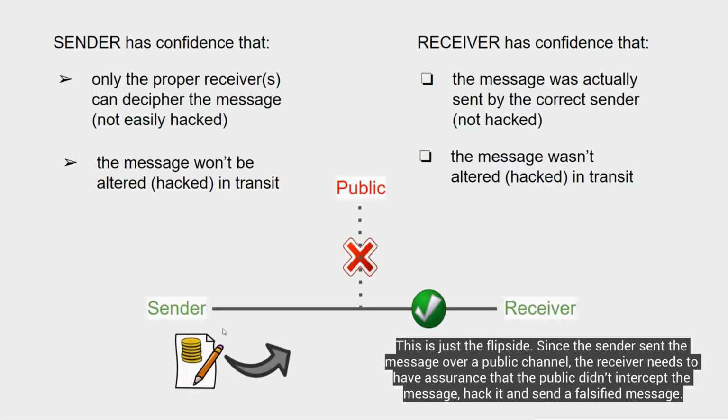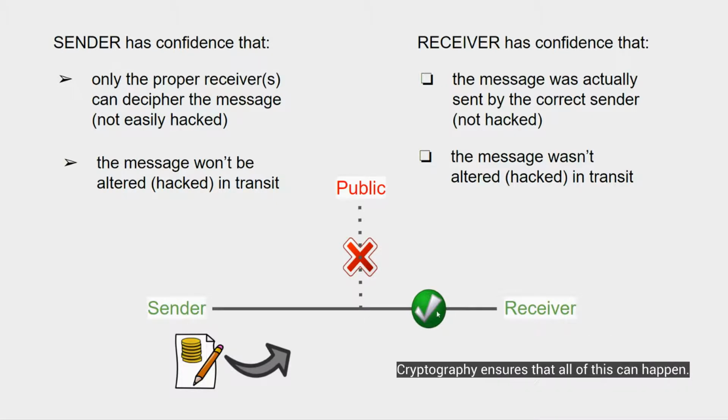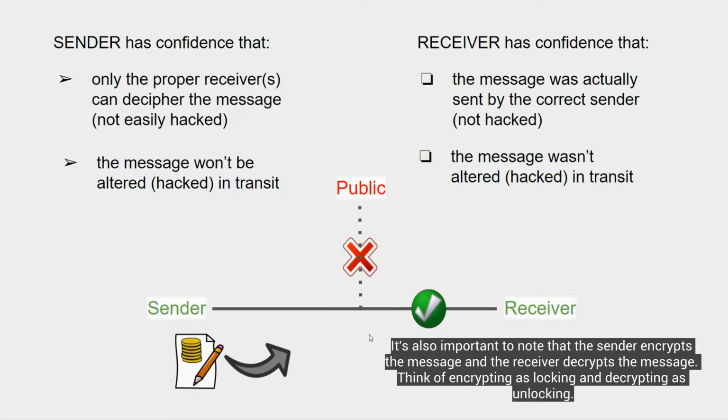Since the sender sent a message over a public channel, the receiver needs to have insurance that the public didn't intercept the message, hack it, and send a falsified message. Cryptography ensures that all of this can happen. It's also important to note that the sender encrypts the message and the receiver decrypts the message. Think of encrypting as locking and decrypting as unlocking.